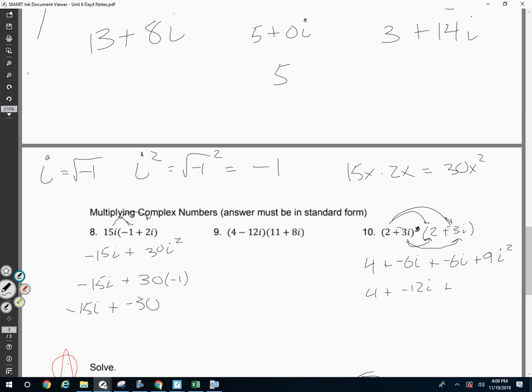But what can I do with this i squared? i squared is negative 1. This turns into negative 9, and we're going to have to review this before our next quiz.